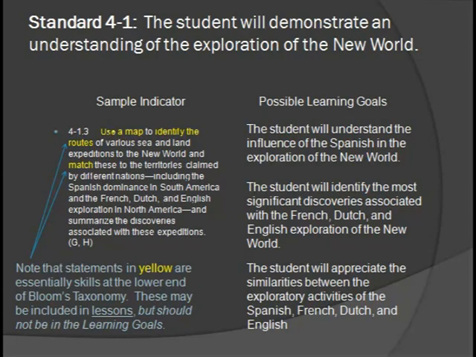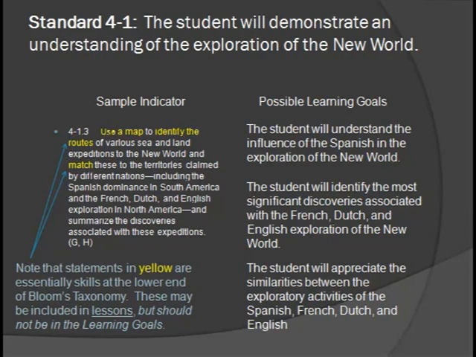Now, the first thing that we see here is that this sample indicator is huge. There are college courses that cover that. Obviously, in the 4th grade, you are not supposed to go to that level of depth. But what are you going to cover? Well, first thing is, remember that a learning goal is going to be a broader statement.